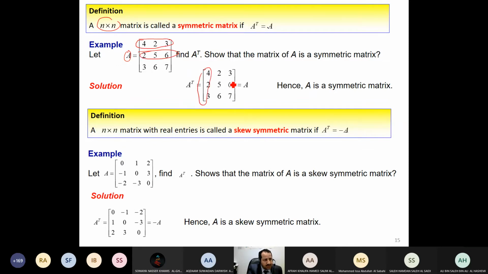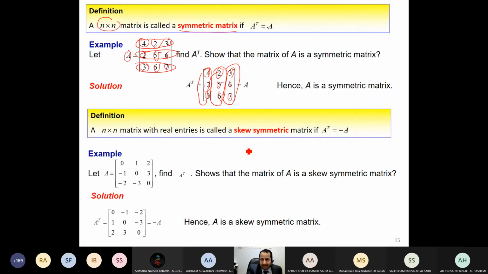This row will be the second column, and this row will be the third column. If I look at the two matrices, A and its transpose, I will see that the elements are in the same places: 4, 2, 3, 2, 5, 6, 3, 6, 7. The same here, 4, 2, 3, 2, 5, 6, 3, 6, 7. The same places. It's not changing. So for that, we call it a symmetric matrix.